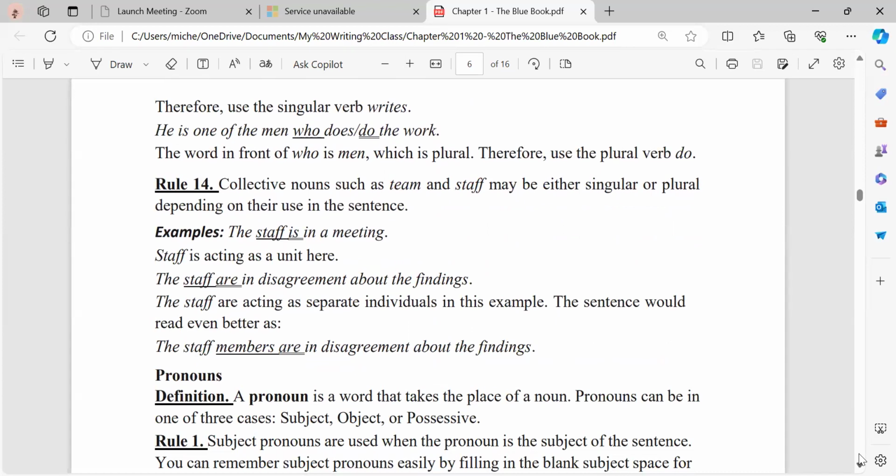So now we are on to the last rule, which is rule number 14. Rule number 14 is that a collective noun such as team and staff may be either singular or plural depending on the use in the sentence. For example, "The staff is in the meeting." Staff is acting as a unit here.